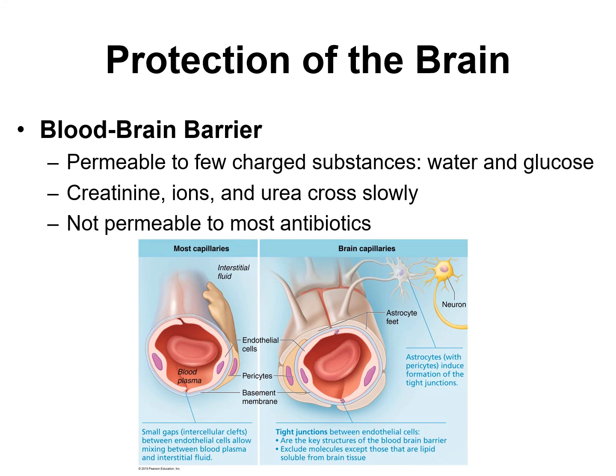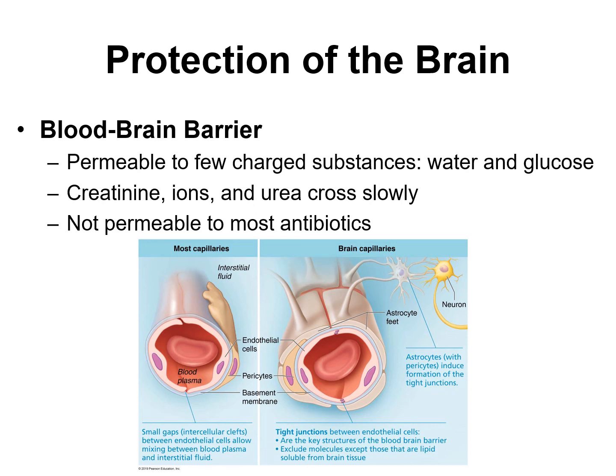As a result, the blood-brain barrier is permeable to few charged substances, namely water and glucose. Other charged substances, such as creatinine, ions, and urea, can cross, but they cross relatively slowly. Now, ions would be crossing mainly from the blood into the interstitial fluid. Creatinine and urea, which are waste products, would be going the opposite way.